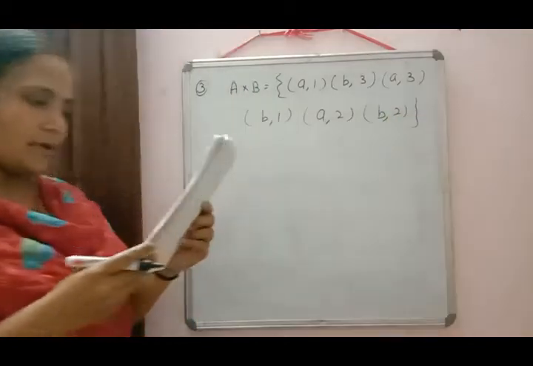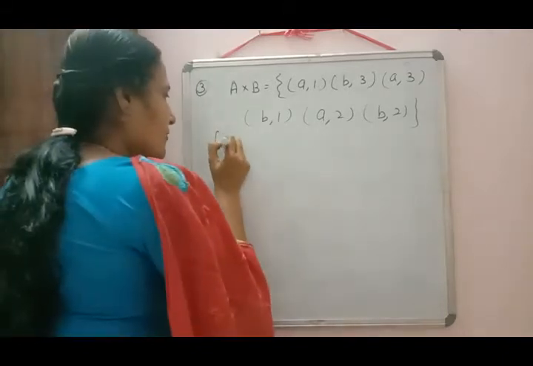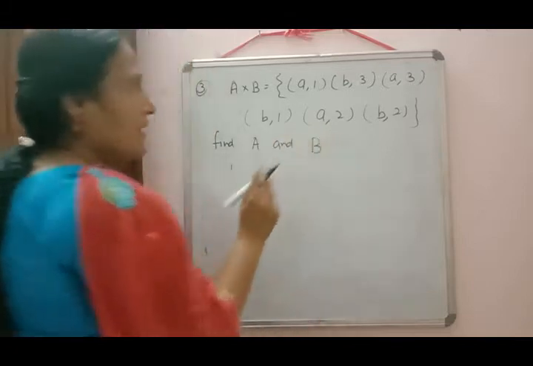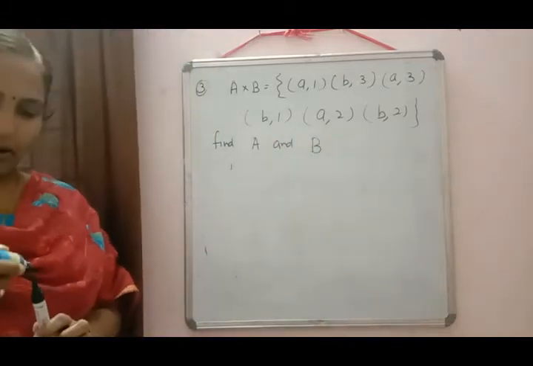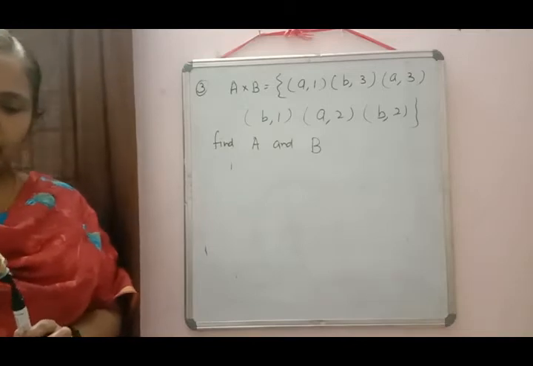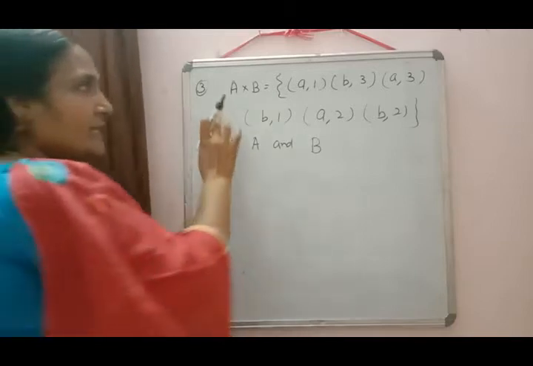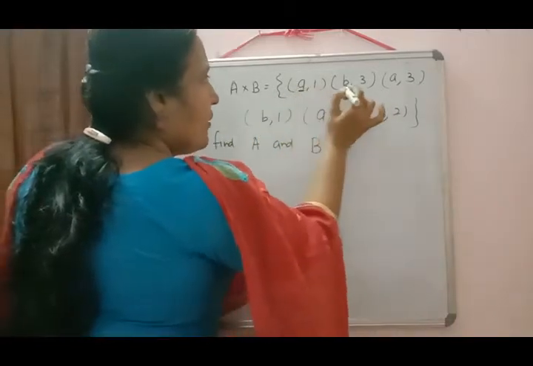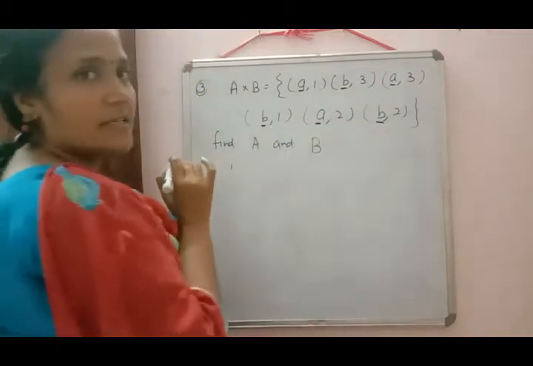So the Cartesian product is given. The question is: find A and B. We have to find the sets A and B whose Cartesian product is given. So according to the definition of Cartesian product, if it is written in this way, the first element in the ordered pair will belong to the first set.